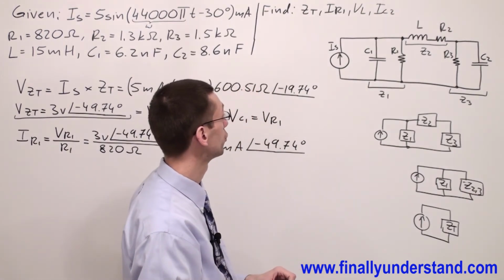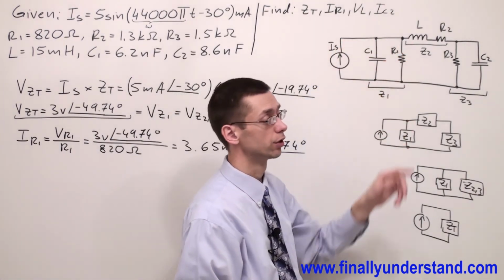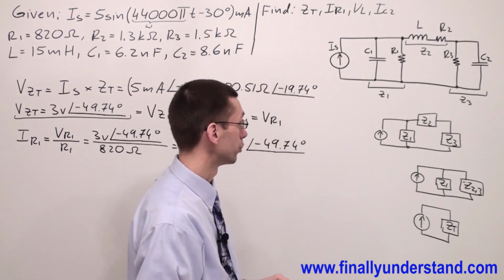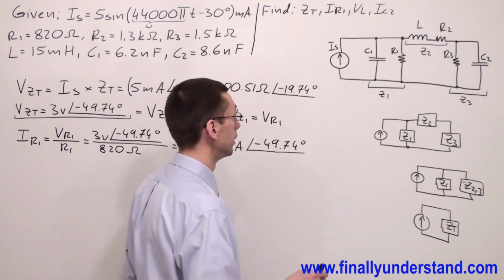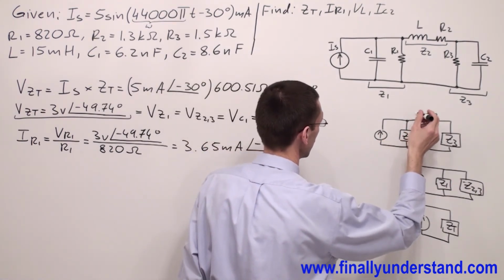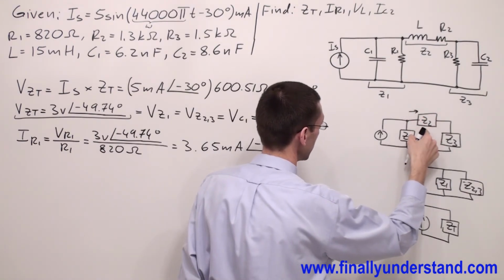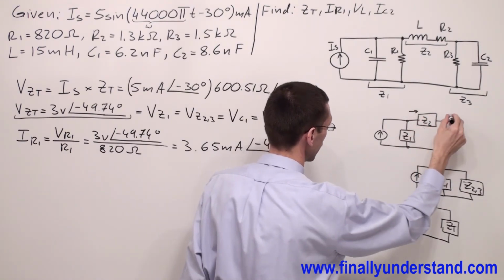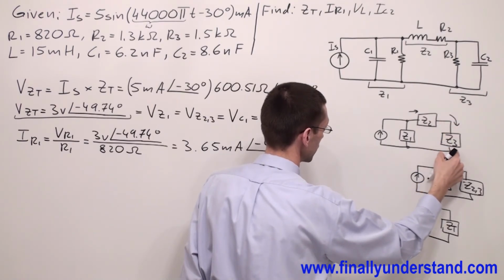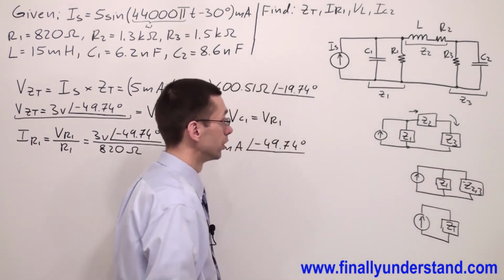Next, we're supposed to find voltage across inductor. In order to do so, you're supposed to realize that the current which will go through impedance Z2 is going to be equal to the current which will go through impedance Z3. Okay?